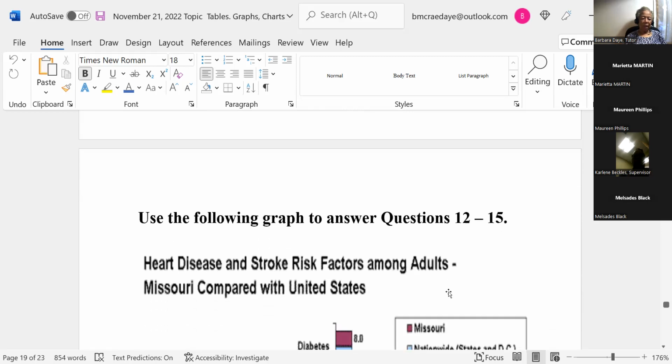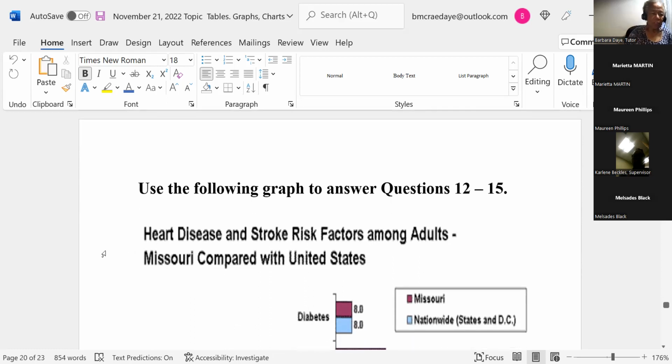Now, I want you to use this graph to answer questions 12 through 15. This is heart disease and stroke risk factors among adults in Missouri compared with the US.